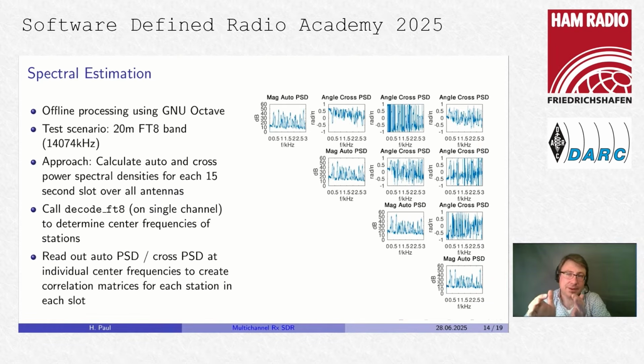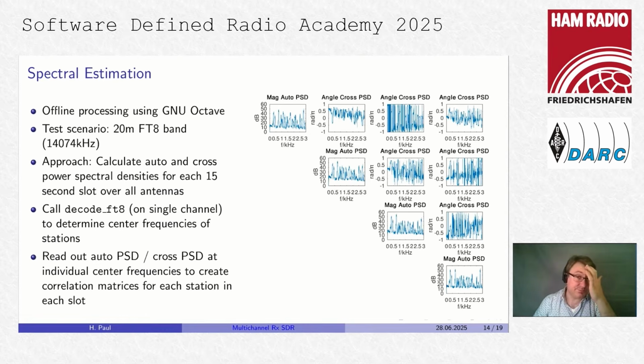And then I set up a matrix, a so-called correlation matrix, which is 4 by 4, containing the phase differences and the received powers of the 4 antennas.